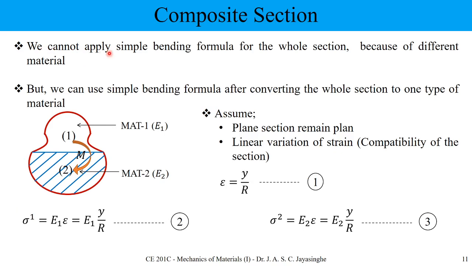Here, we cannot apply the simple bending formula to the whole section directly because of the different materials, but we can use the simple bending formula after converting the whole section to one type of material. As an example, you can see this is a very general section, and there are two types of material: material type 1 with E1, and material type 2 with E2. Here again I am explaining: we are working with linear material.